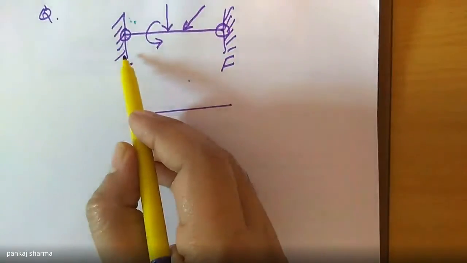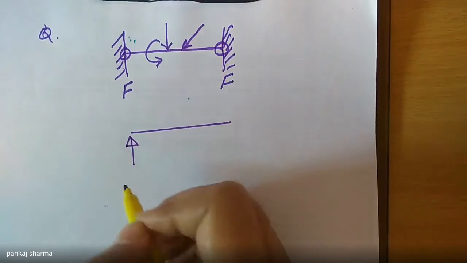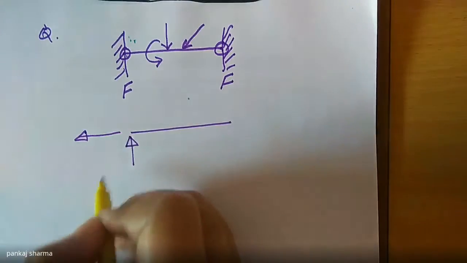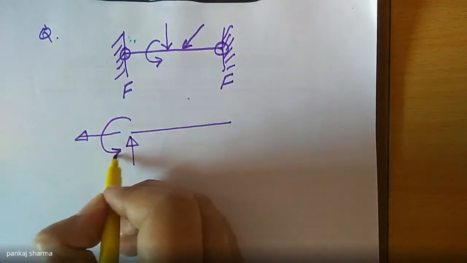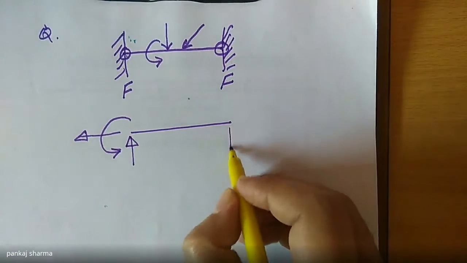First, the property of a fixed joint. A vertical reaction may be present, a horizontal reaction may be present, and a moment may be present. Same as for this one.